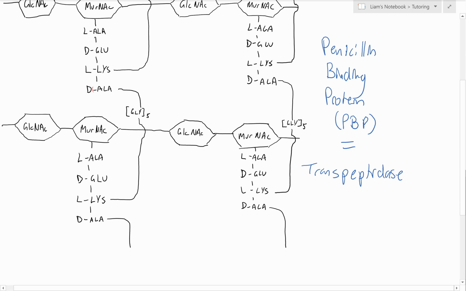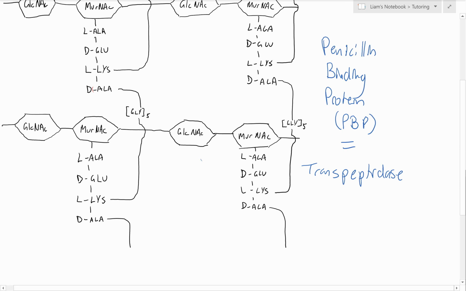So probably the most key thing to take away from this lecture into the next few videos: penicillin binding protein is the same thing as a transpeptidase, and it's the thing that builds the cell wall. I'm emphasizing this because this terminology gets confusing, and I always have students that get confused with it. So PBP, transpeptidase, same thing.